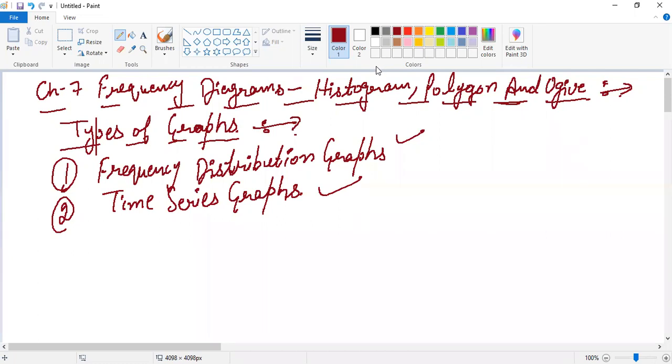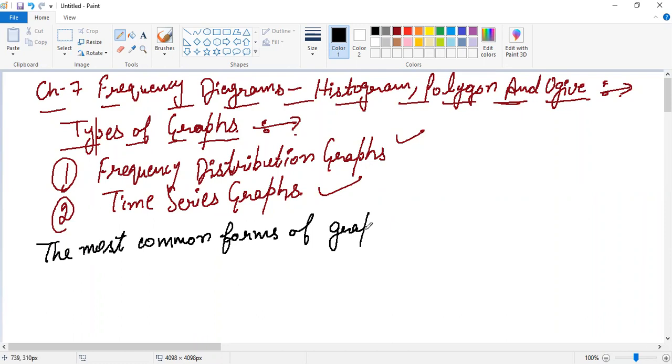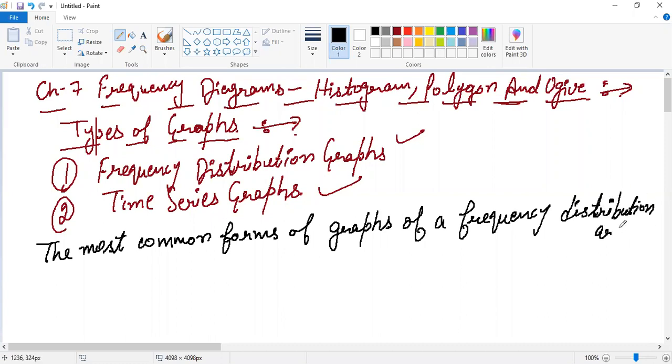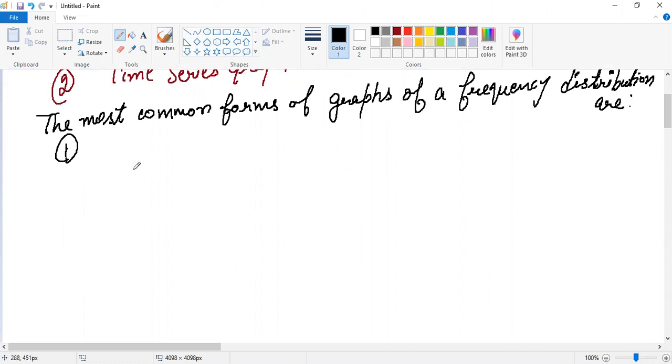So the most common forms of graphs of a frequency distribution are: first is line frequency graph.